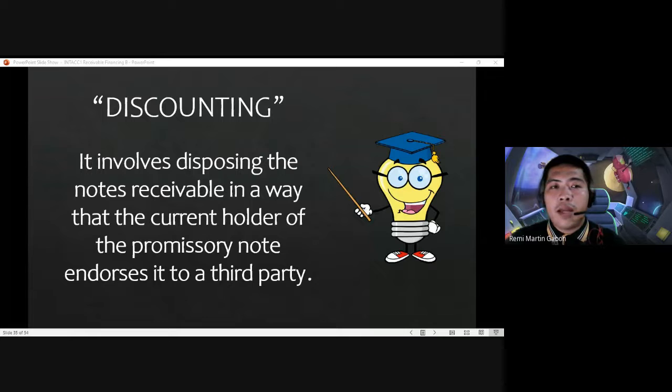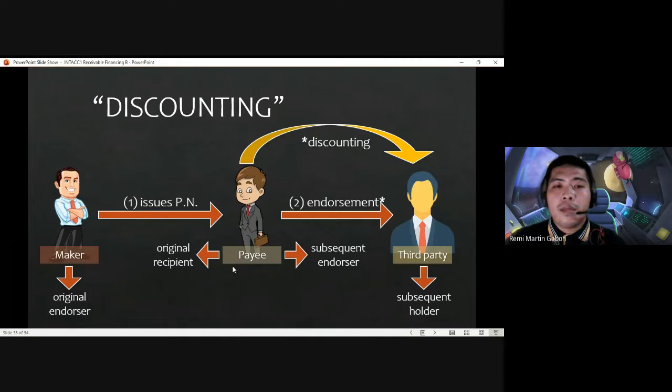Discounting again is defined as disposing the notes receivable in a way that the current holder of the promissory note endorses the same to a third party. So how do we illustrate discounting? From the maker to the payee, the original recipient of the promissory note, there is no discounting happening yet.